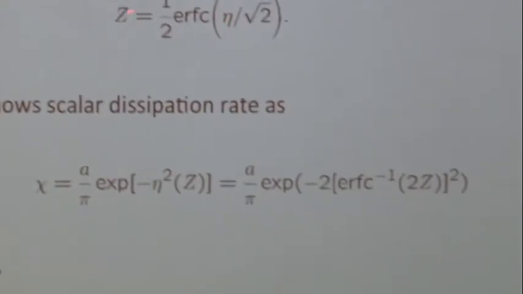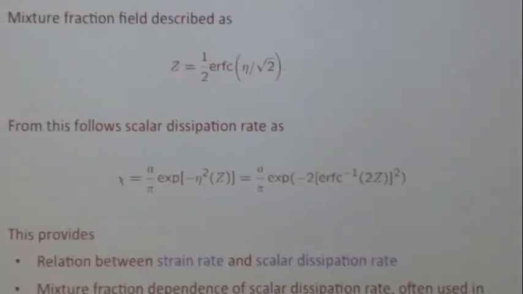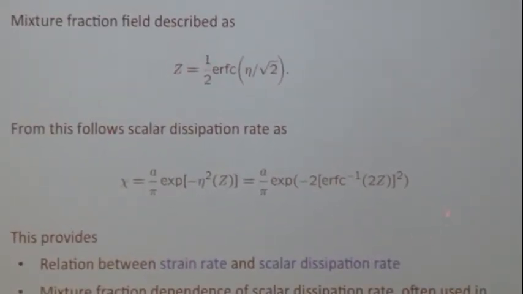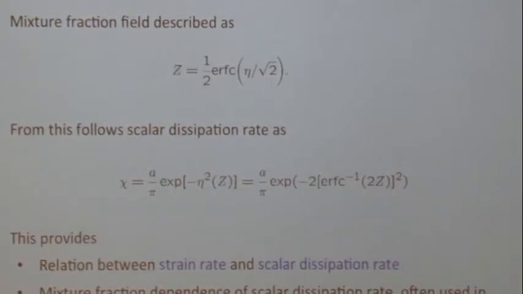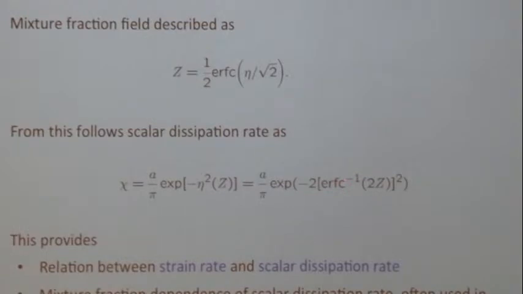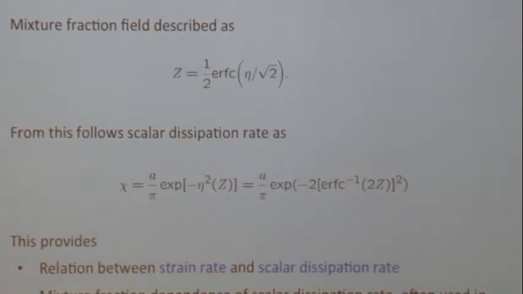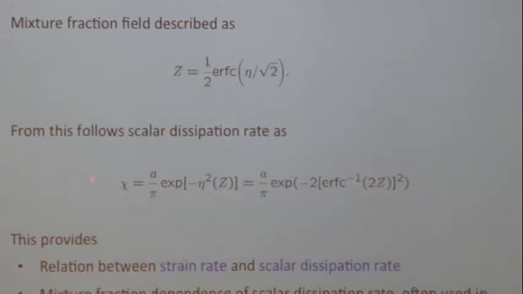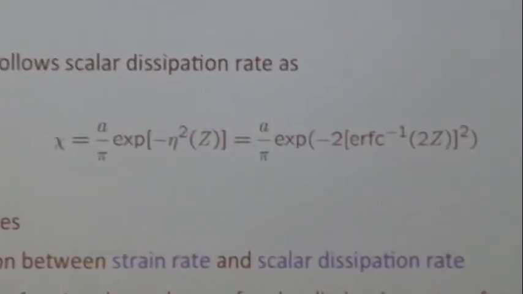I can solve this for eta as a function of Z and plug this in, and what you get is the exponential of the inverse of the complementary error function. So this is a complicated function, but you can find an analytic solution of this dissipation rate.